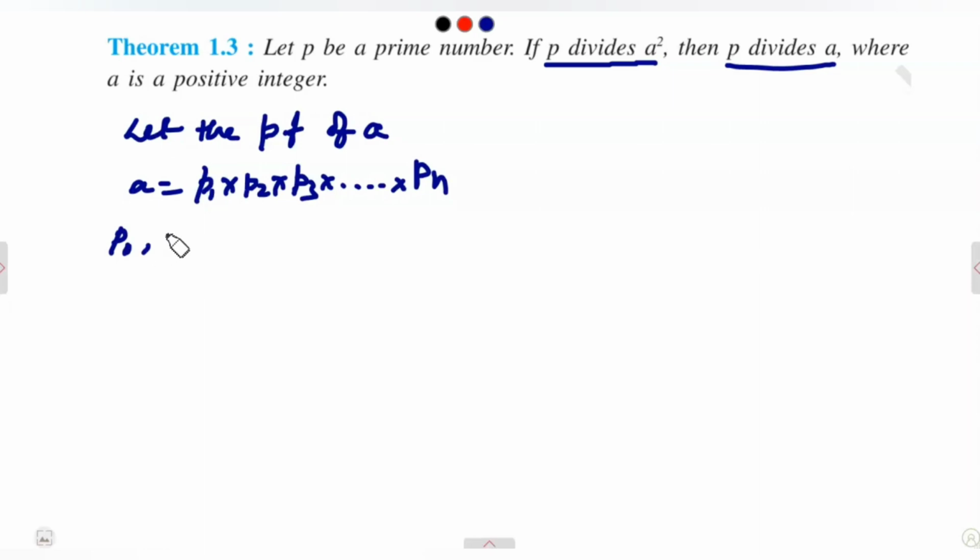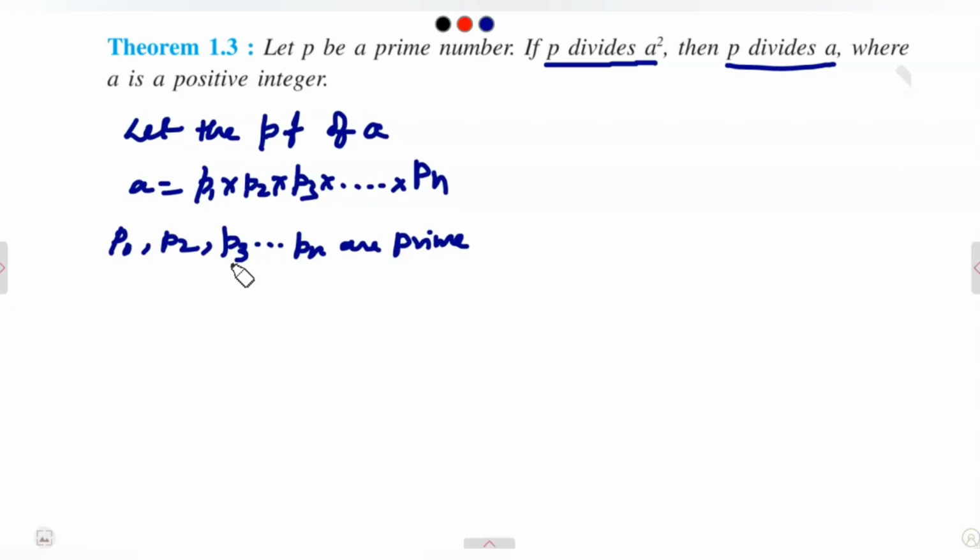So these all need to be compulsorily prime numbers. These prime numbers need not be distinct. They may be the same. Sometimes when you do prime factorization of a number, you may get the same factors more than once. They can be anything but prime numbers.